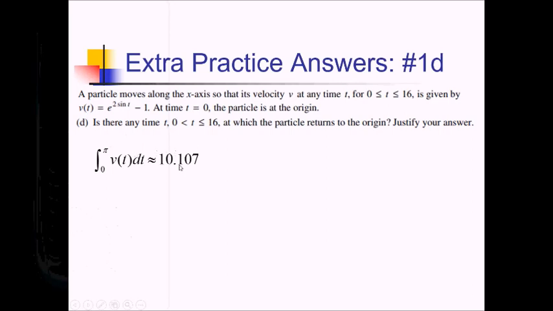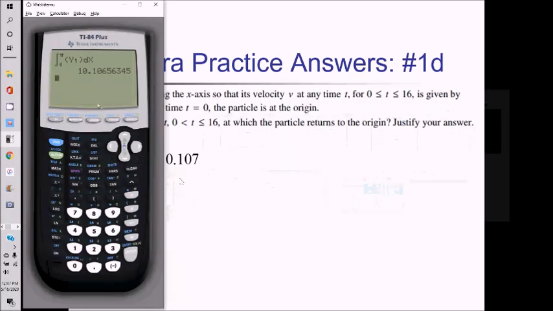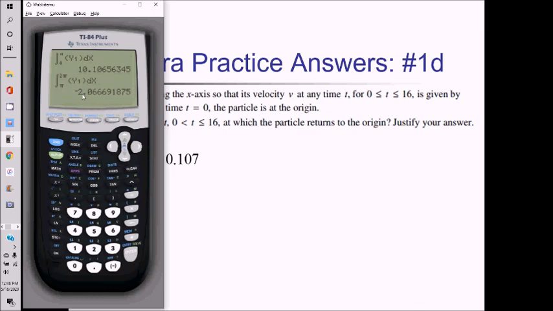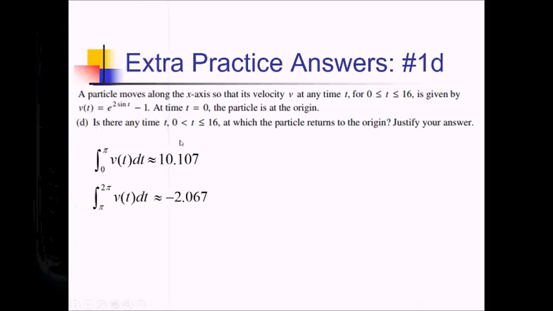Then let me find the integral from pi to 2 pi, because that's the next part of the argument I'm about to make. This is a little bit easier if we just yank the input from before. Now I'm going to go back and replace the 0 with pi, and the pi I'm going to replace with 2 pi. And enter. That gives me negative 2.067.